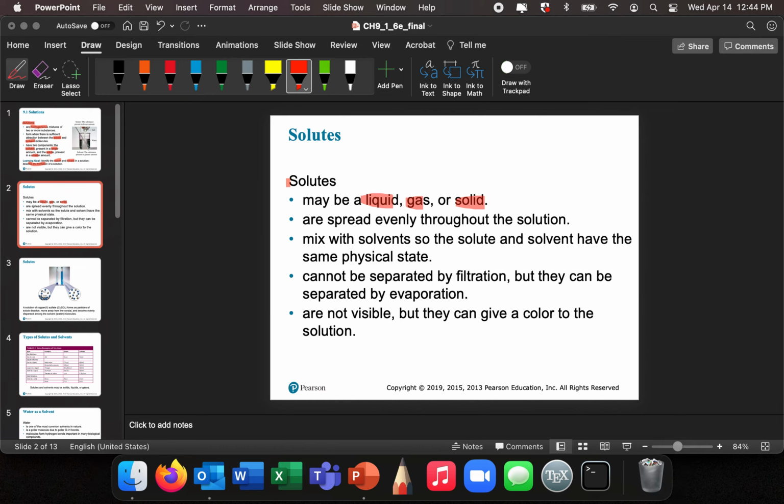Solutes are spread evenly throughout the solution, and they mix with the solvents so that the solute and the solvent have the same physical state. They cannot be separated by filtration, but they can be separated by evaporation, and they're not visible, but they can make a color in the solution. Like coffee, where the solvent is water, and the solute is lots of different things that make coffee dark.